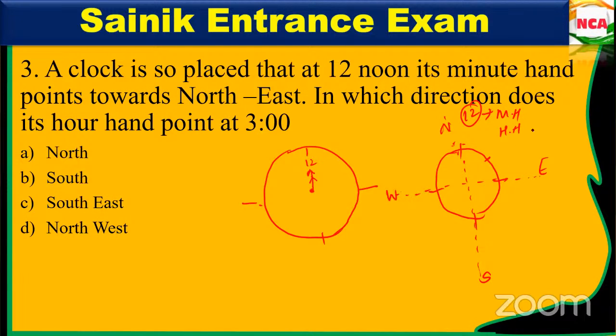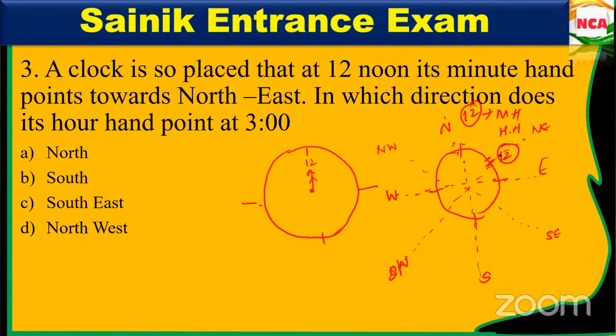So this is northeast, this is northwest, southwest, and this is southeast. At 12 noon, its minute hand points towards the northeast side, so we have 12 here. It is not in the north. We are changing the direction of the clock itself.